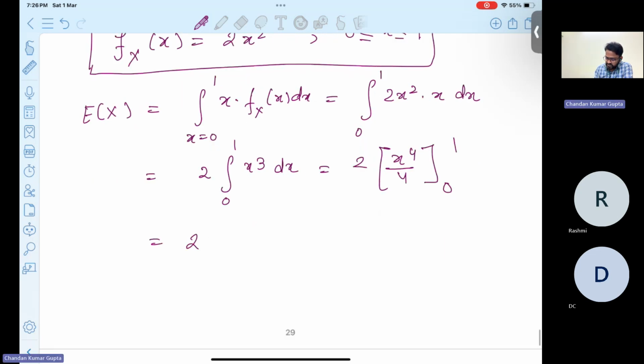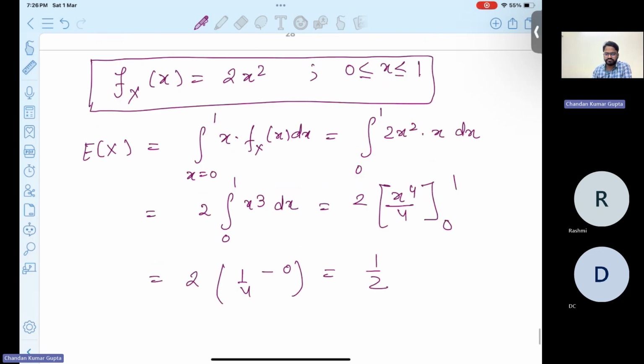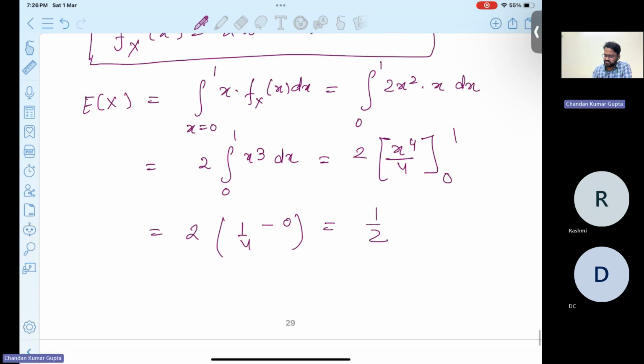So it is 2 times 1 by 4 minus 0, which comes out to be 1 by 2. In a similar manner, you can calculate the variance, MGF and all the statistical characteristics since we have the PDF.